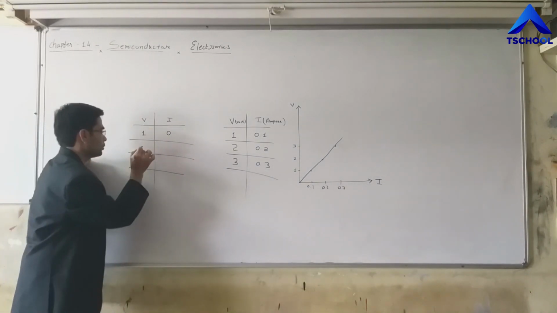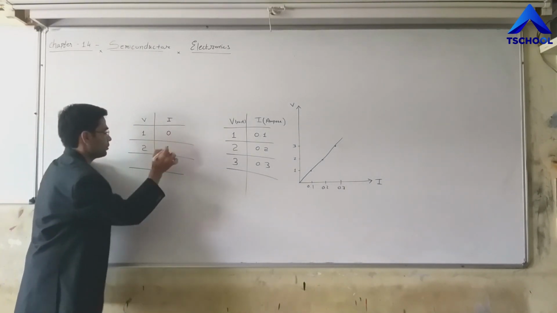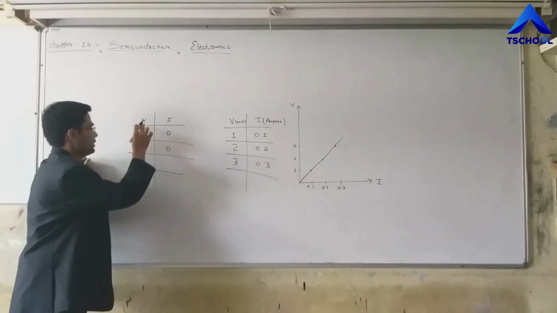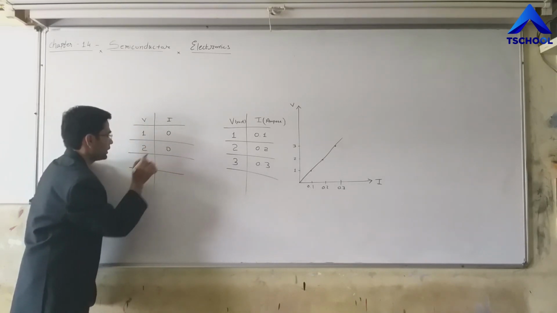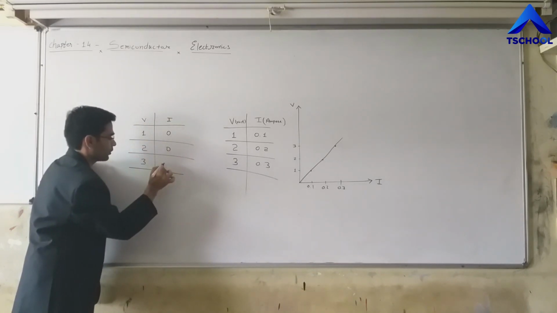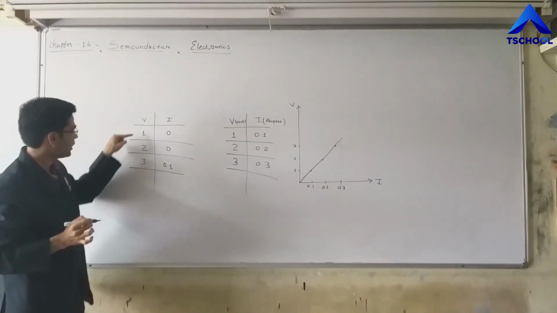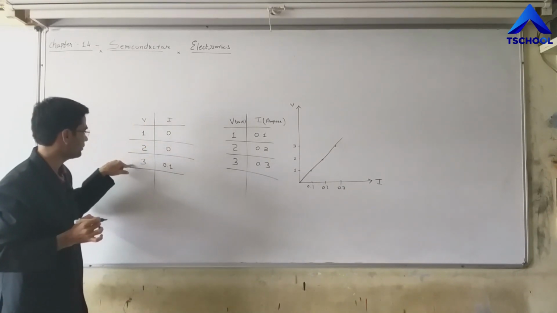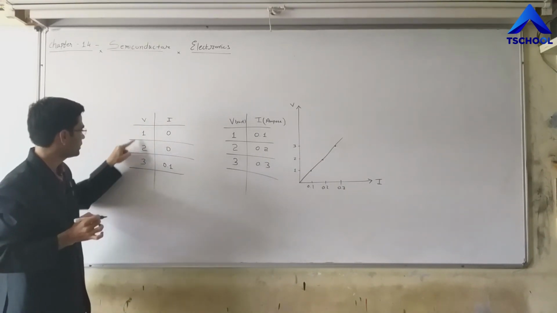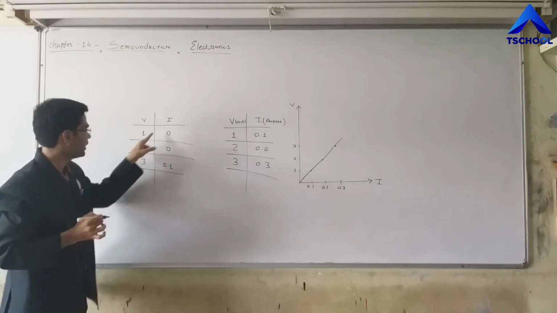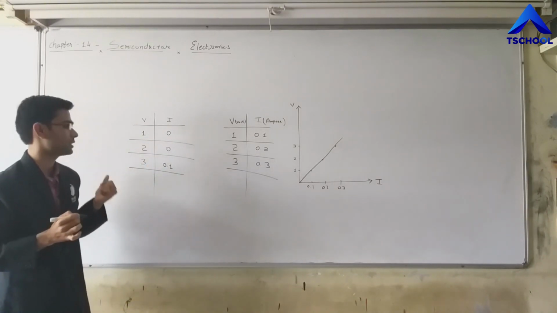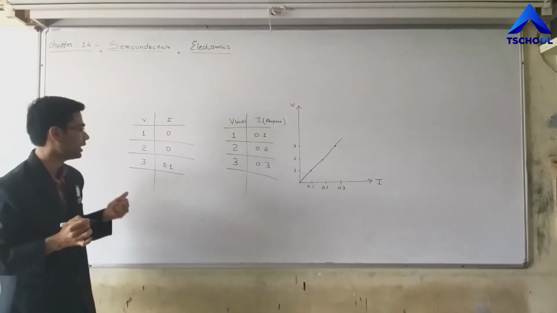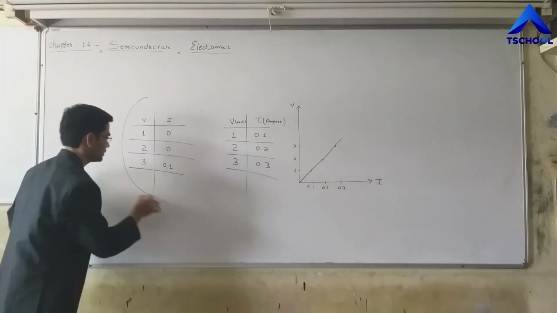Now V is equal to 2 volt, again current I is equal to 0 ampere. When V is equal to 3 volt, current I is equal to 0.1 ampere. It means up to 2 volt the current remains 0. After that, when we increase the voltage to V equal to 3 volt, at that time current is set up in the device.